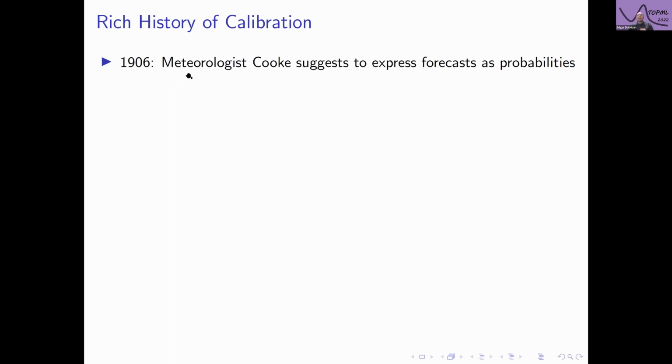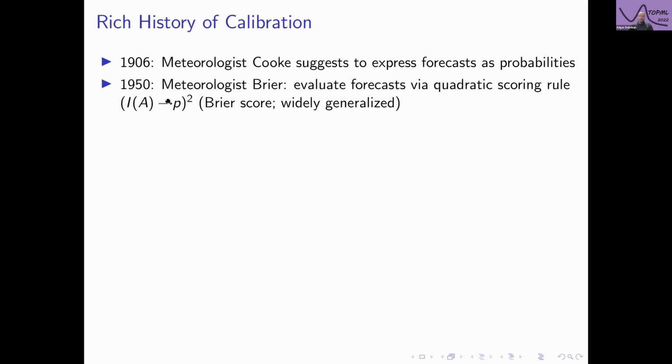More than 100 years ago in meteorology, the meteorologist Cook, who was working in Australia, suggested expressing weather forecasts as probabilities, and then he compared those forecasts with the realized frequencies of events, and found pretty good agreement in some of his data sets. Then sometime later, Brier suggested evaluating forecasts more quantitatively via a scoring rule, a kind of loss function for probability predictions.